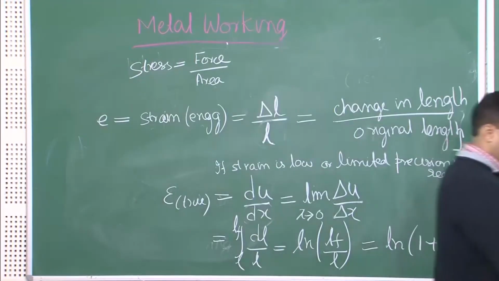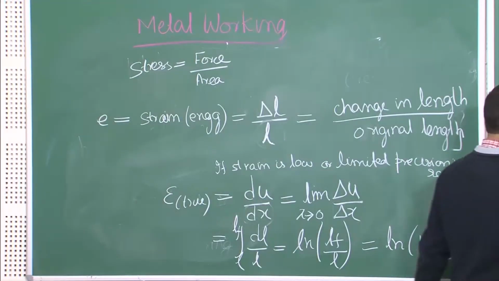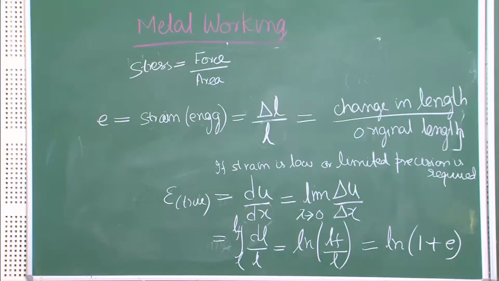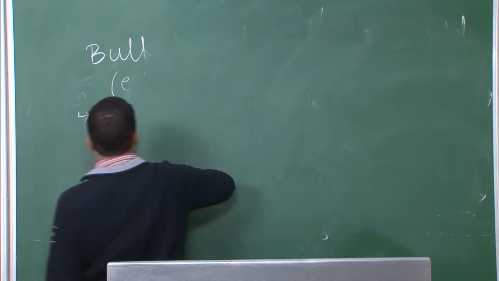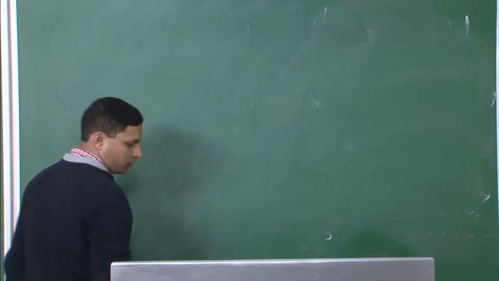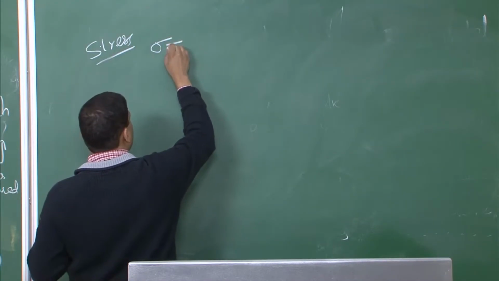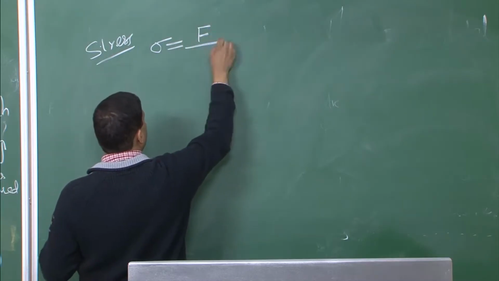So, that was for strain. Now, similarly, we will have two different equations for stresses, engineering stress and true stress. Stress, if you remember, is given by force by area.